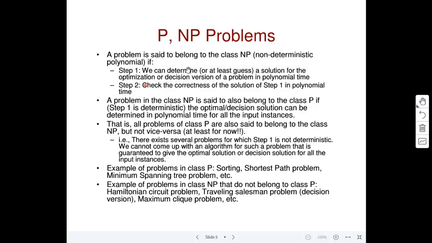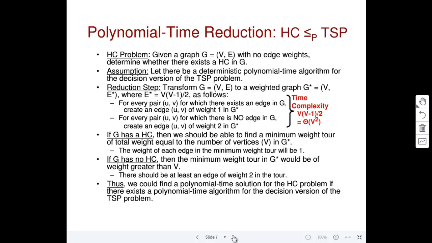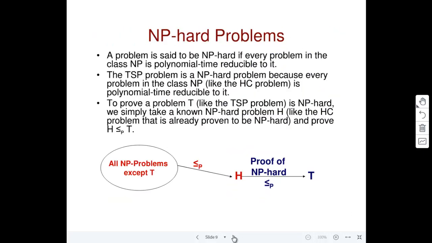Now, when we can actually determine the solution, the optimum or decision version, in polynomial time, then we can say the problem belongs to a class called P. Now this class P is a subset of the class NP. So it is going to look something like this.